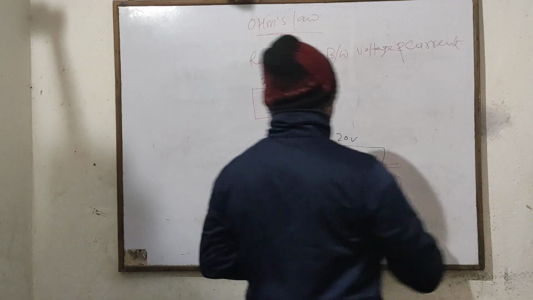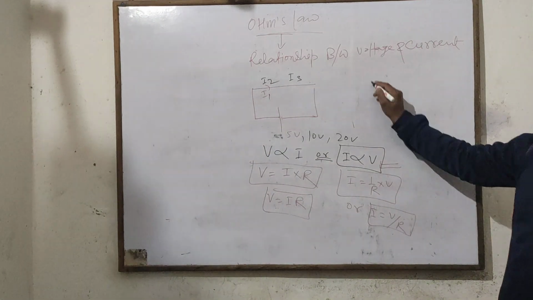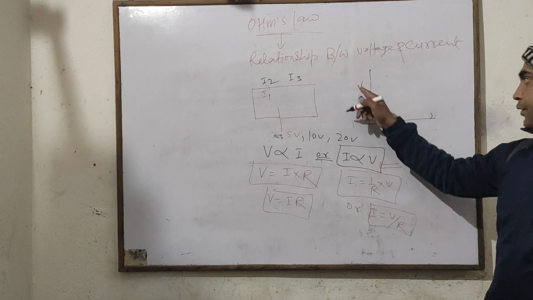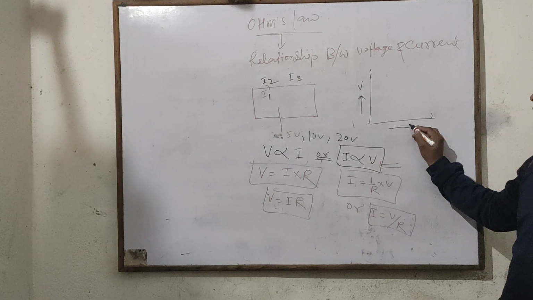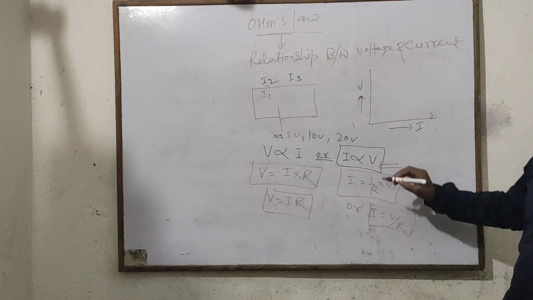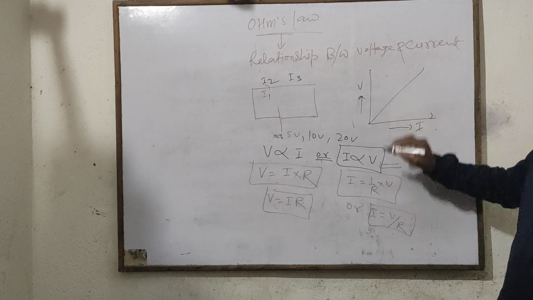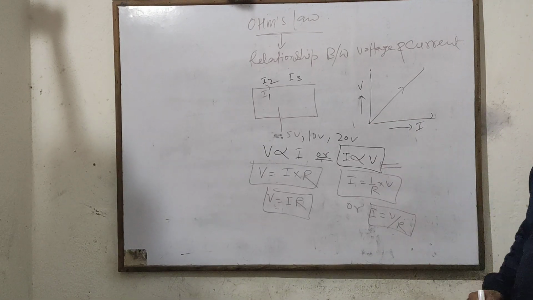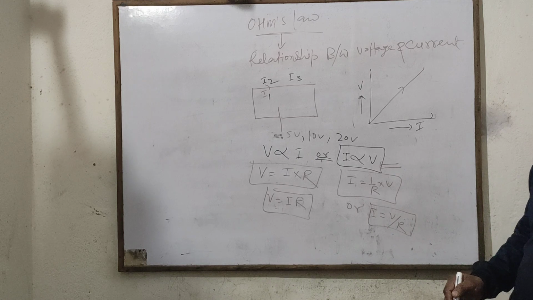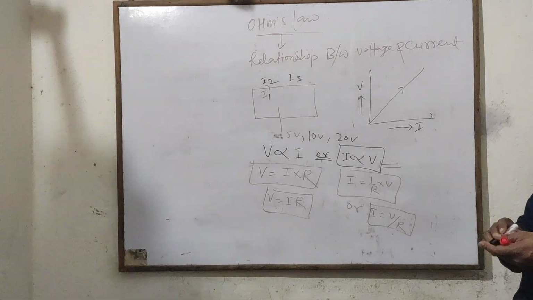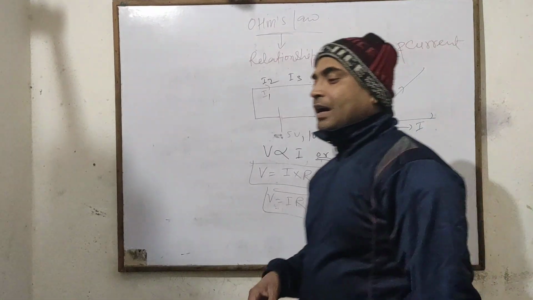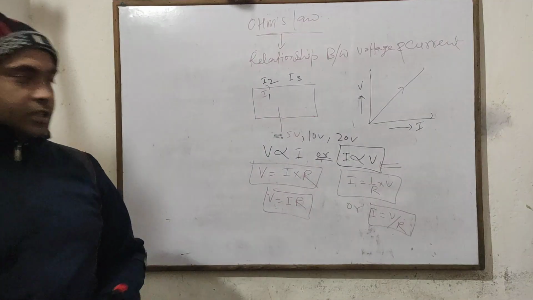We may also draw the graph of this. This is your graph of voltage with respect to current. If we take V on the y-axis and current on the x-axis, then current is directly proportional to voltage. One of the important things I want to tell you about this VI graph: the VI graph gives the resistance.